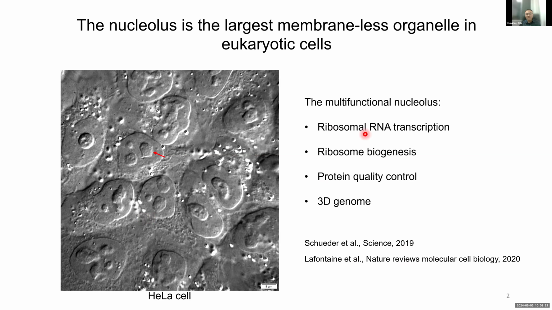For example, ribosomal RNA transcription happens in the nucleolus, and also ribosome biogenesis starts in the nucleolus. Recently, it has also been shown that the nucleolus plays functions in protein quality control and 3D genome organization.